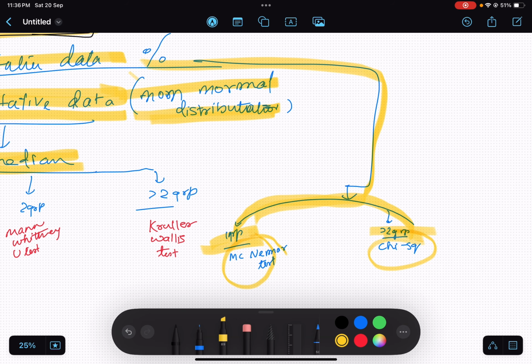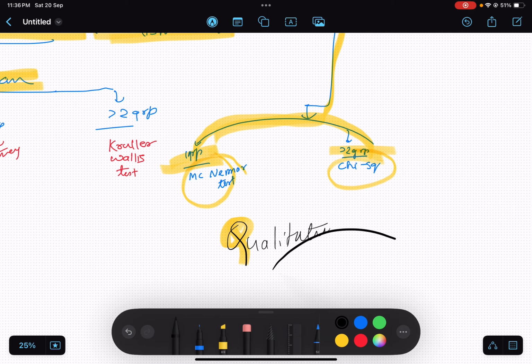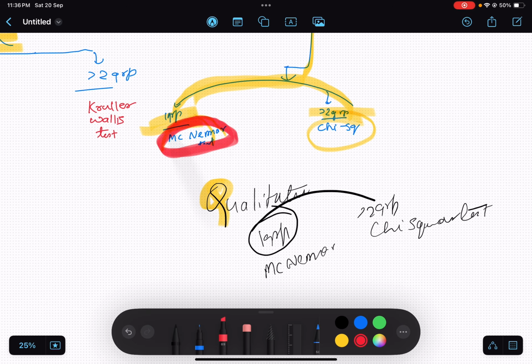For one group it is McNemar. So in qualitative non-parametric, for more than two groups, this is your university question, chi-square test. In practical examination also it is asked. For one group, just remember McNemar. I will highlight it in red. This you have to remember.